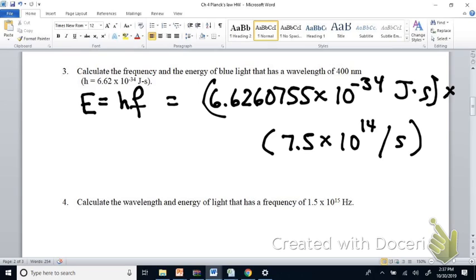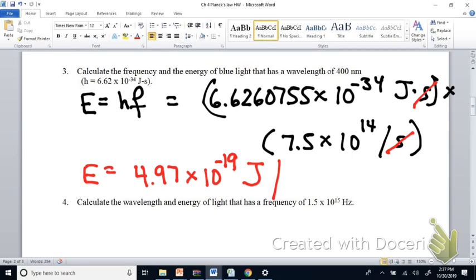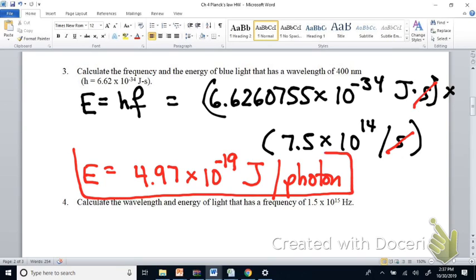Of course, we know that the seconds will cancel, leaving us with joules. So when we simplify this, we get 4.97 times 10 to the minus 19 joules. This is joules per photon, which becomes very important in answering questions 6 and 7 on this worksheet.